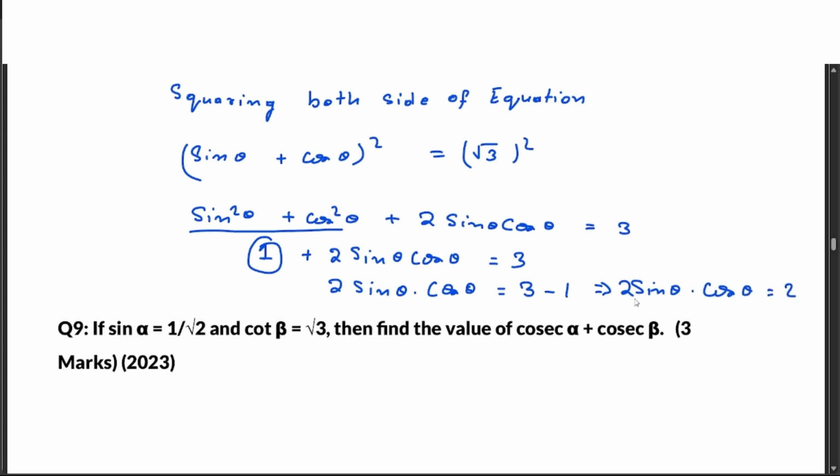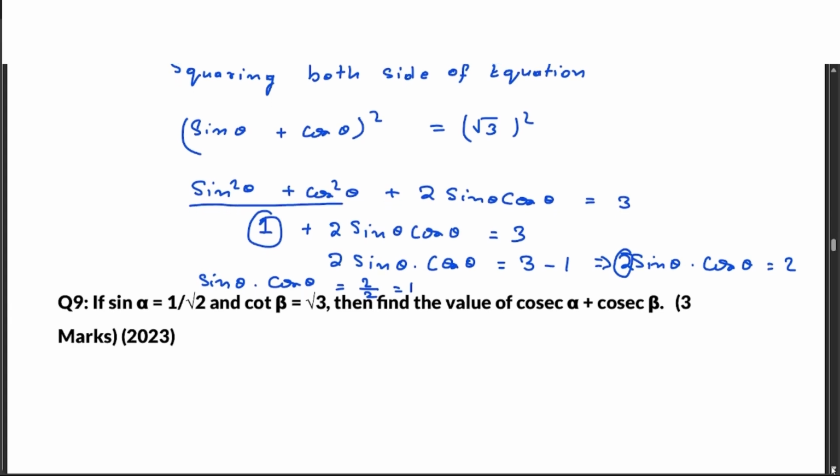Now there is a 2 in the multiplication, so this will go to the right side and divide. So sine theta times cos theta is equal to 2 over 2, which means 1. So sine theta times cos theta we will get 1. Hope it's clear.